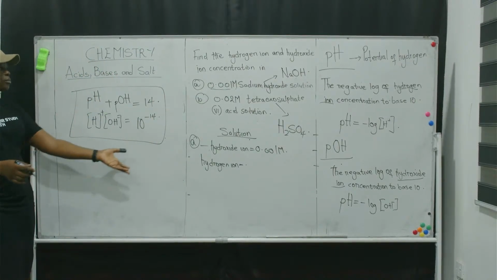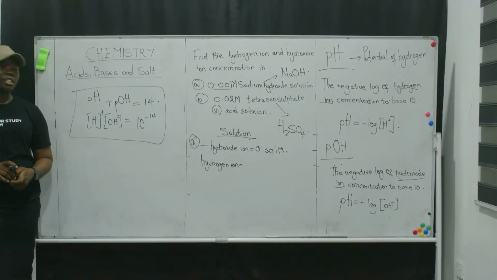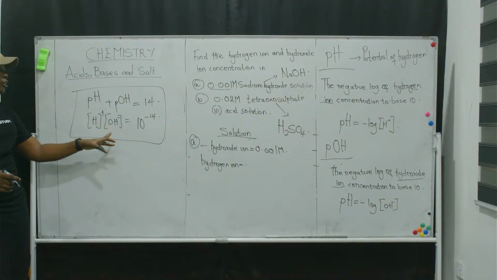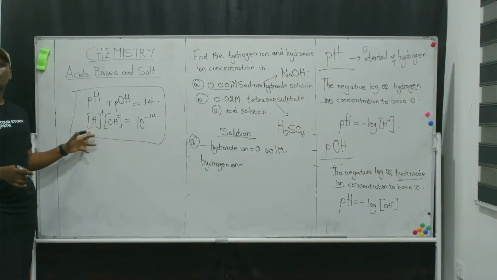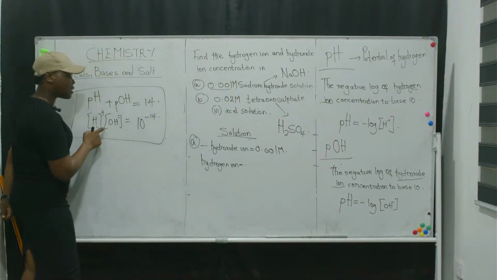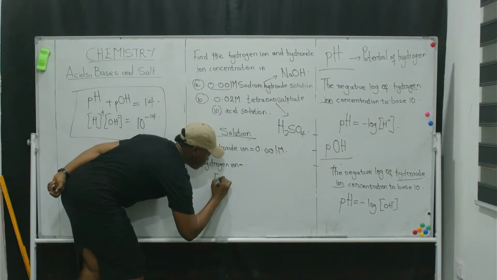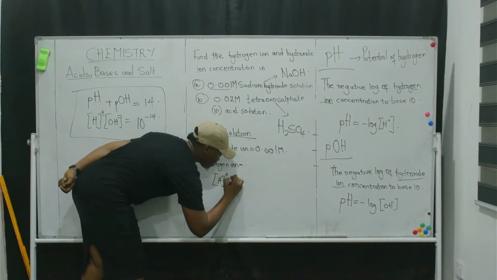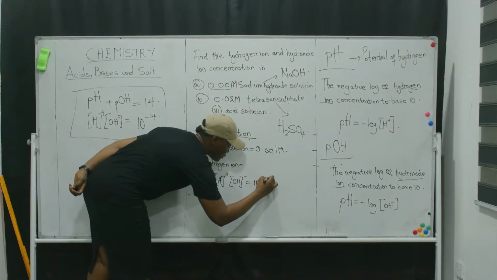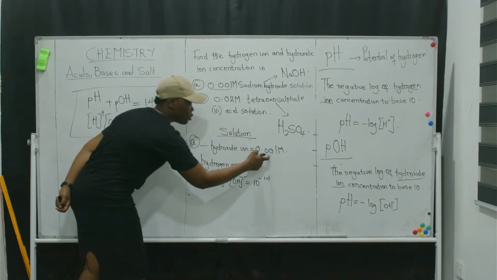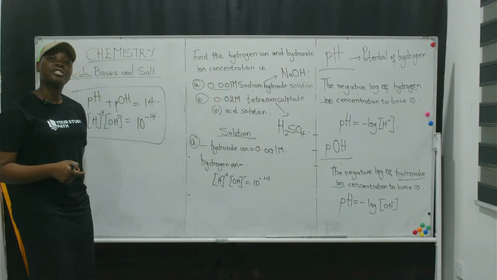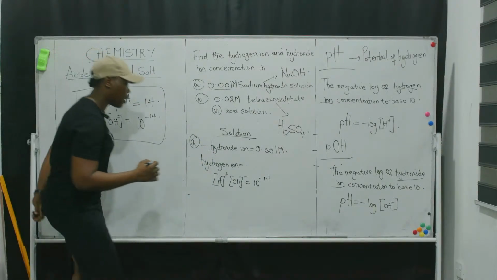And so, to calculate hydrogen ion concentration, you know this formula. We're already given the OH, so we have to calculate hydrogen. Let me rewrite this. Hydrogen concentration times OH concentration will give 10 raised to power minus 14. We know this. So let's make hydrogen concentration the subject of the formula.